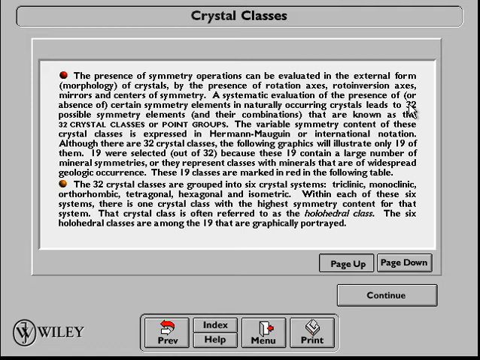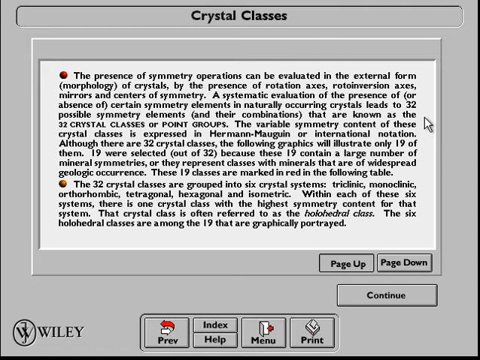A systematic evaluation of the presence or absence of certain symmetry elements in naturally occurring crystals leads to 32 possible symmetry element combinations, known as the 32 crystal classes or point groups.